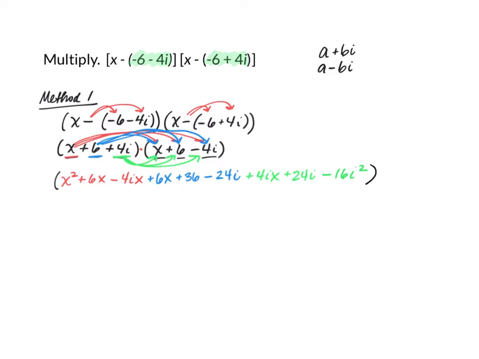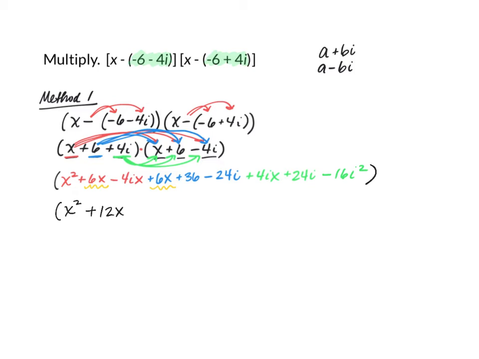Now we're going to combine like terms and see if any terms are going to subtract out. It looks like we have a positive 6x and a positive 6x that we can add together. We also have that x squared at the beginning, which has no common term, so we'll just leave the x squared, and we'll have 6x plus 6x, which is a positive 12x.